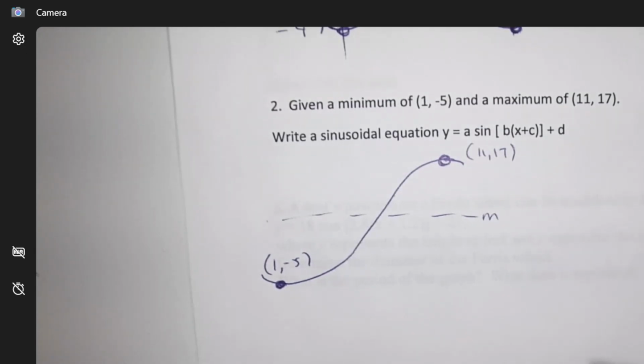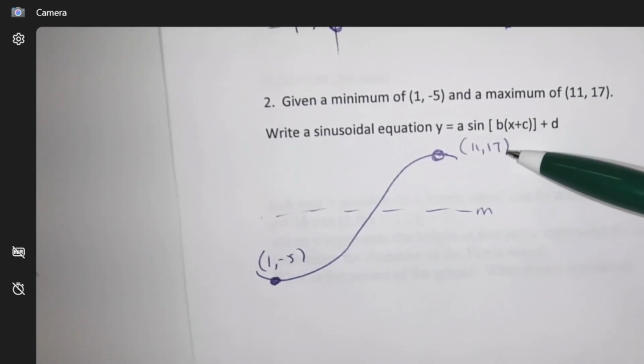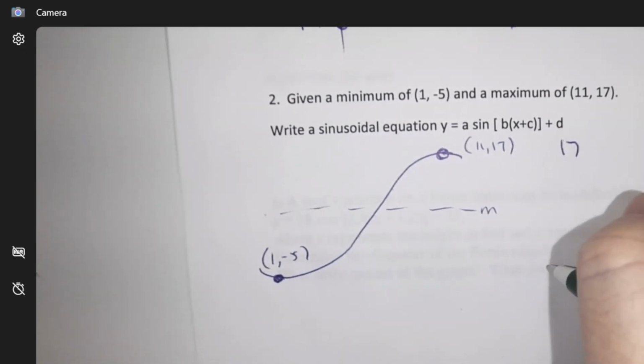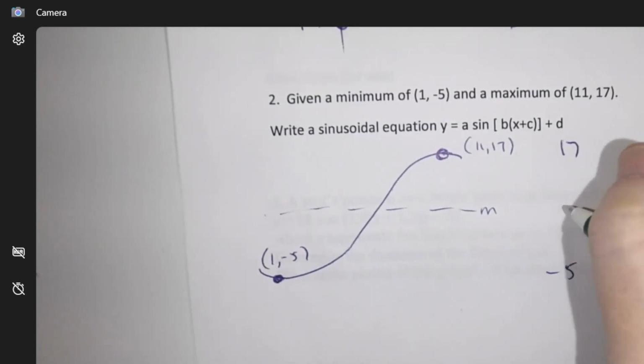So there was a 17, there's a -5, so what's in the middle of that? I need the height that's right in the middle. Did you come up with something? 6?